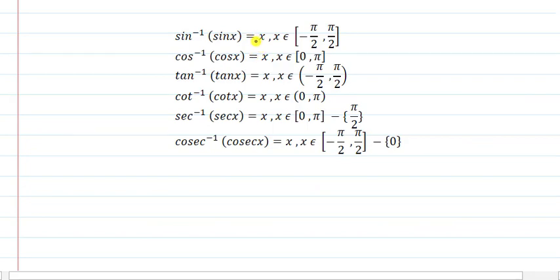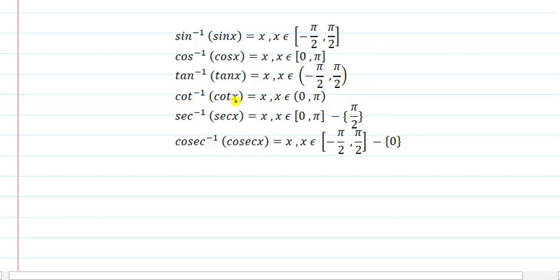Now let us find the use of these properties. This is sin inverse sin x is equal to x when x belongs to closed interval minus pi upon 2 to pi upon 2. Cos inverse cos x will be x when the range is 0 to pi closed interval. Tan inverse tan x is equal to x when x belongs to open interval minus pi over 2 to pi over 2.